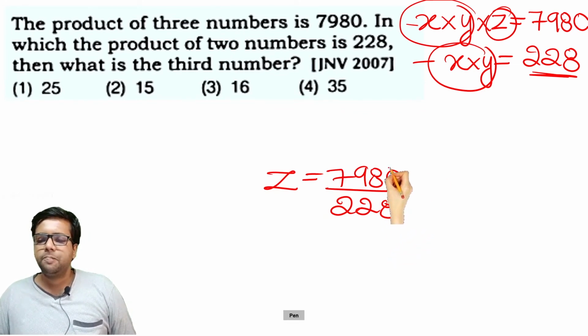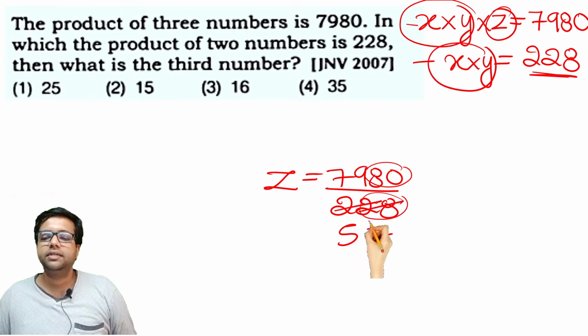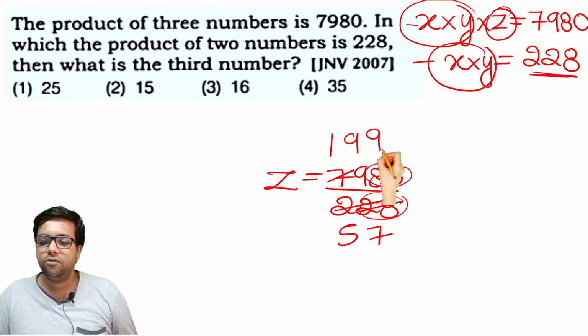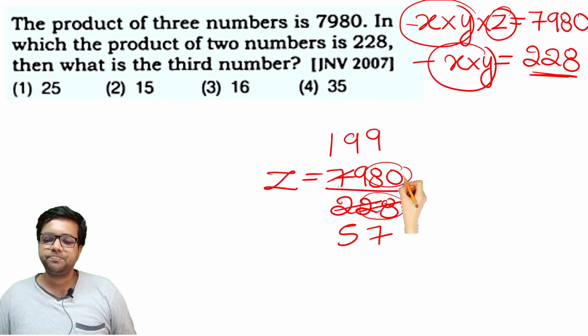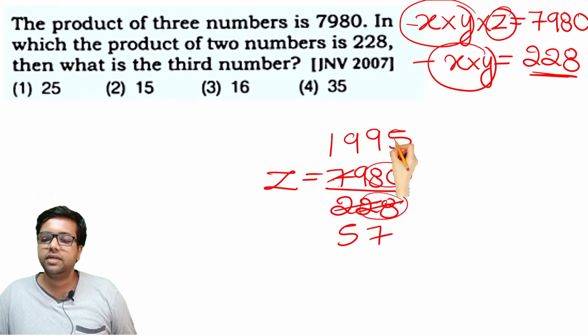If you look at the last two digits, both numbers are divisible by 4. 4 5s are 20, 4 7s is 28, and 17. 4 1s are 4, you are left with 3, 39. 4 9s is 36, you are again left with 3, 38. Again 4 9s is 36, you are left with 2, and 20. 4 5s is 20.